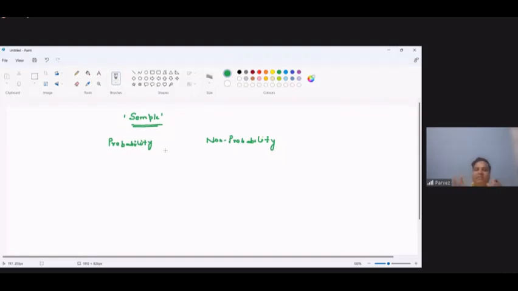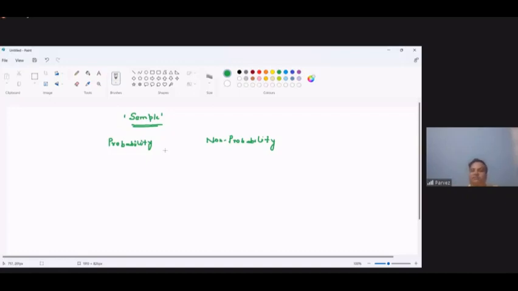So when I say probability method, probability is a systematic way of assessing risk, right? You'll know. Probability means a systematic, organized way of choosing something, or assessing risk or something. That is probability. If I say non-probability, this will not be a systematic way.